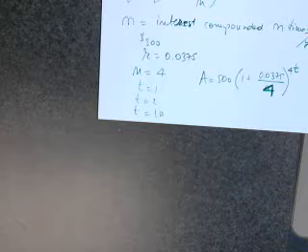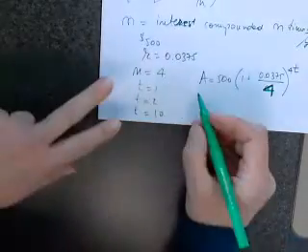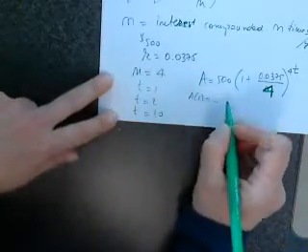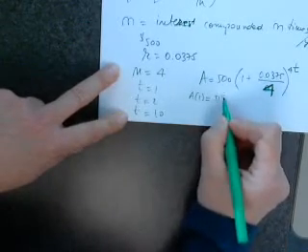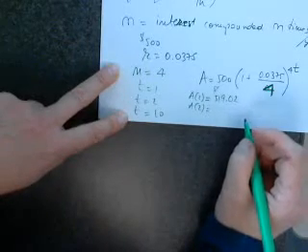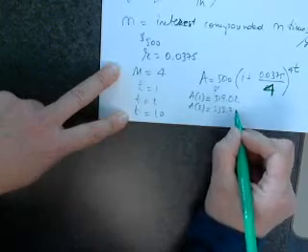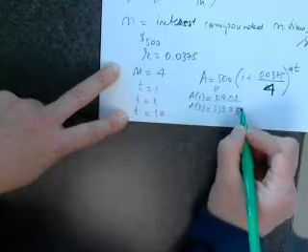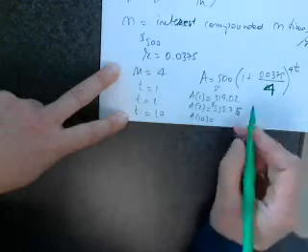And just go back up. So A for 1 year is $519.02. A for 2 years is 538.75. And A for 10 years is 726.23.